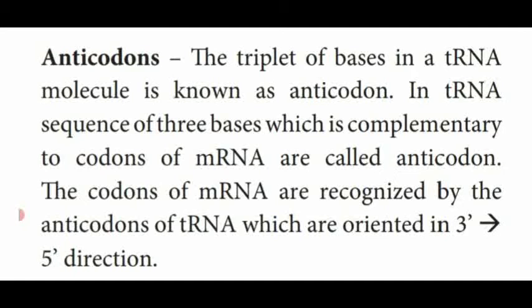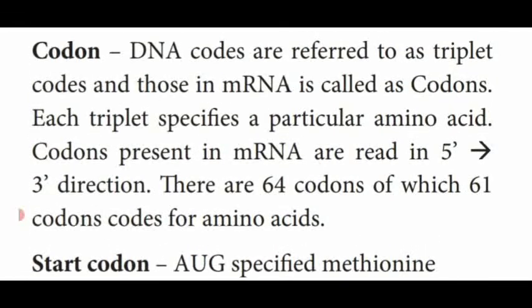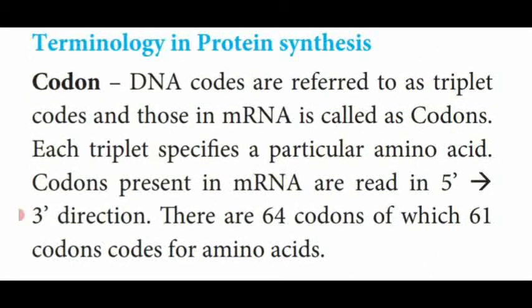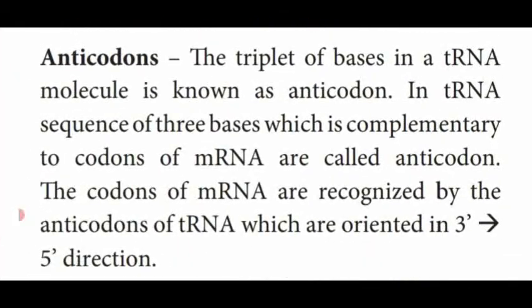So this anticodon of tRNA recognizes the codon of mRNA in the 3 prime to 5 prime direction. Dear students, kindly note it down. Codon is read in the direction of 5 prime to 3 prime. When you come to the anticodon region, we have to read the direction 3 prime to 5 prime. That is said to be anticodon.